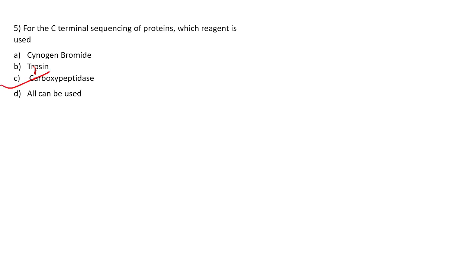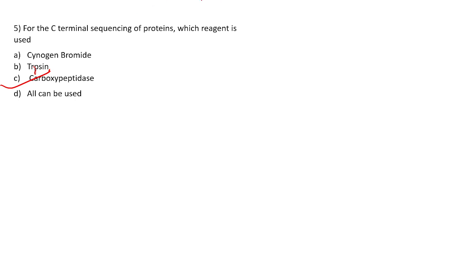carboxypeptidase. Even if you don't know the answer, as I always say, whenever you are solving any multiple choice question, the most important thing is to apply logic. Sometimes the options become very confusing, or even if they are not confusing, you cannot understand the question, or you haven't read it. Now here, for C-terminal sequencing, if there is no negative marking, then you can take a risk.